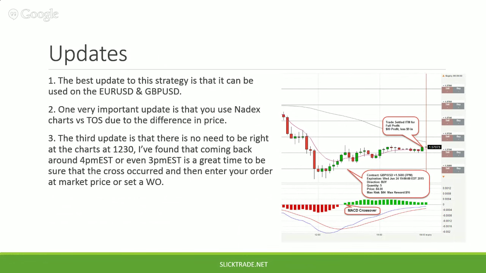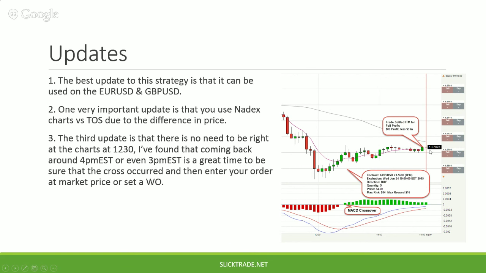Some people were writing me stating that the strategy wasn't working for them, and I couldn't understand because I hadn't had any losses on it. There were a few times it didn't set up correctly, so I thought maybe that's what they were referring to, but actually it was because from using Thinkorswim, there's a difference in price.